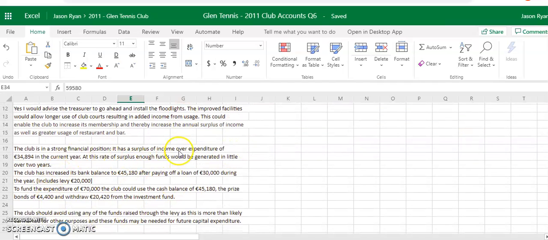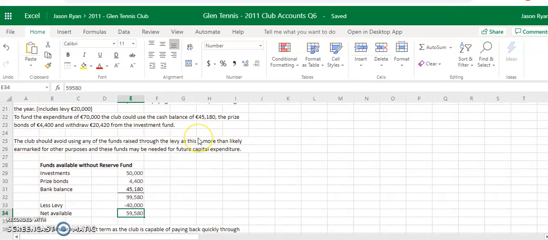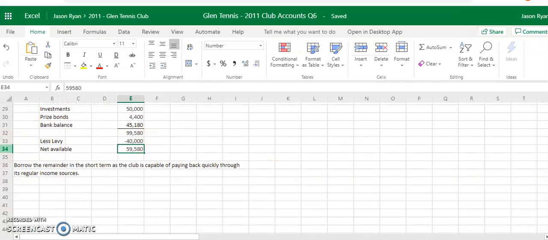So you're talking about your income and expenditure, you're talking about your bank, and then the balance in between to help fund the investment. Usually you're not going to use your levy reserve because that's for something higher, a bigger capital expenditure, maybe like building new tennis courts or a new clubhouse or something like that. And that's how you answer the theory part of the club accounts question.